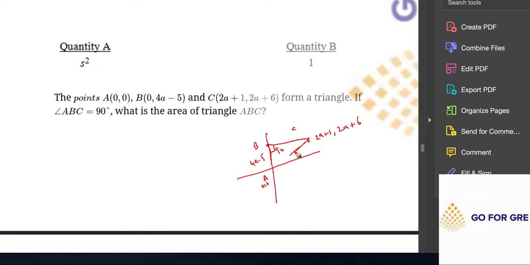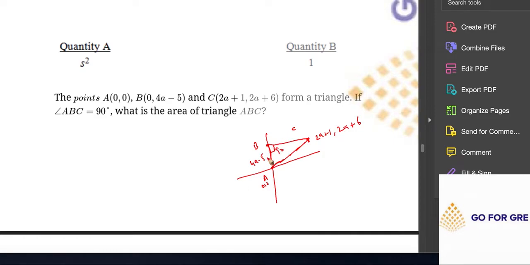Let me draw this. Here we have to figure out the base times height.